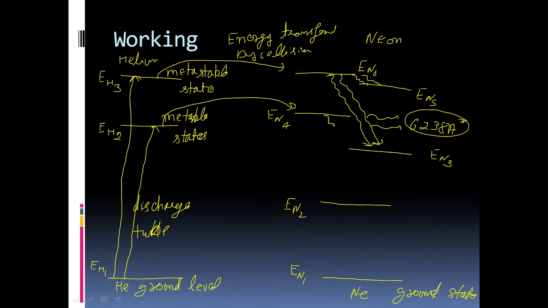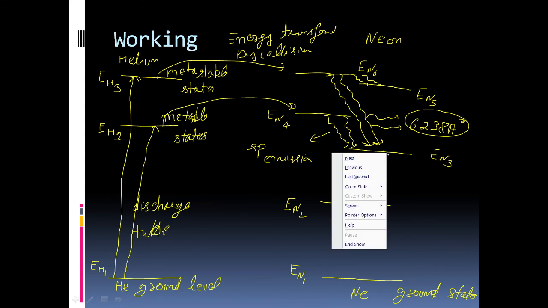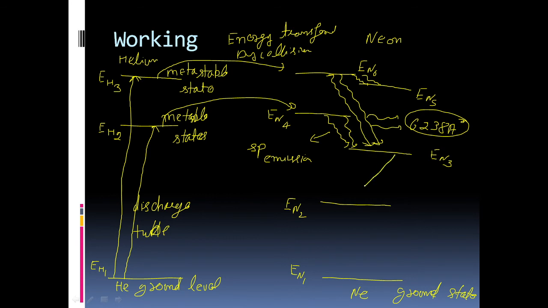Some of the atoms come from En4 to E3 due to spontaneous emission, and again the atoms come down from E3 to E2 with spontaneous emission also.